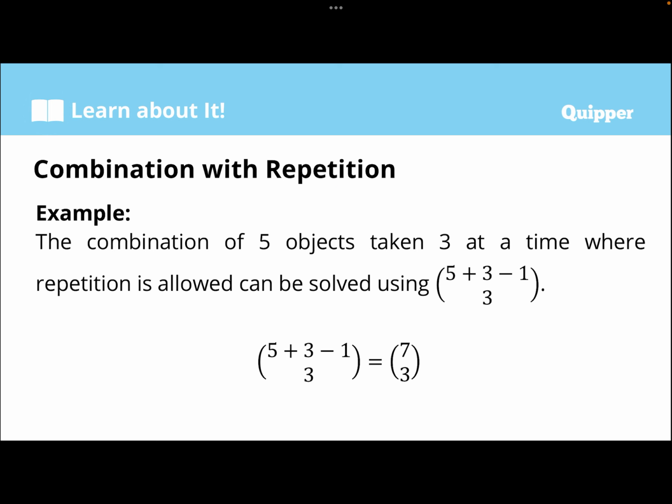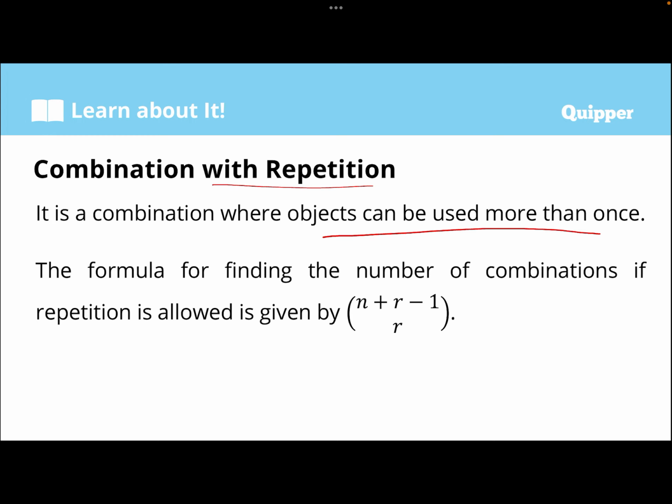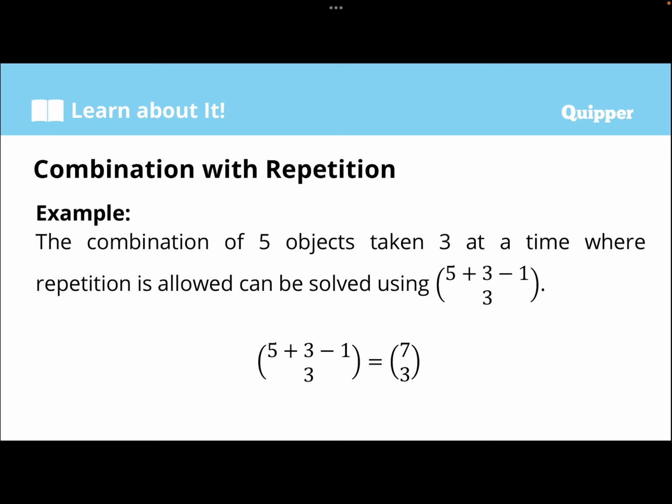Okay, so combination with repetition. So the combination of 5 objects taken 3 at a time where repetition is allowed can be solved using yung kaninang formula po natin. Ito po. So n plus r minus 1 and then we have the value of r. So dito, we will identify first from the given itself, ang objects natin ay 5 at ang r natin ay 3.